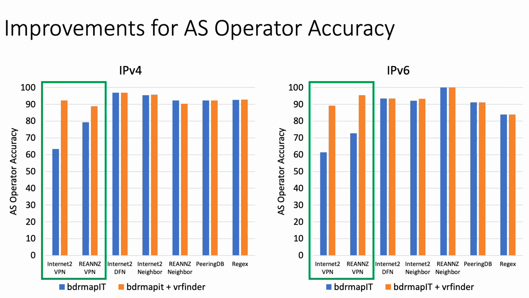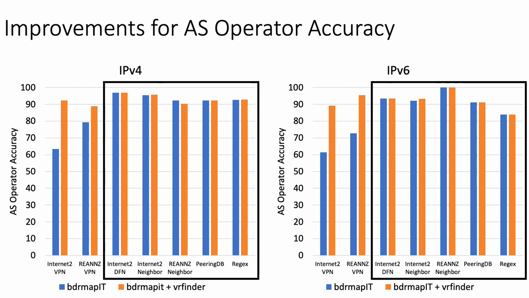So first, we looked at the improvement for the Internet2 and REANNZ L3 VPN addresses. Our modifications increased the accuracy of bdrmapIT's AS operator inferences by 9.5% to 29.1% for the L3 VPN addresses, showing that the inferred outbound addresses significantly improve bdrmapIT's accuracy for L3 VPN addresses.